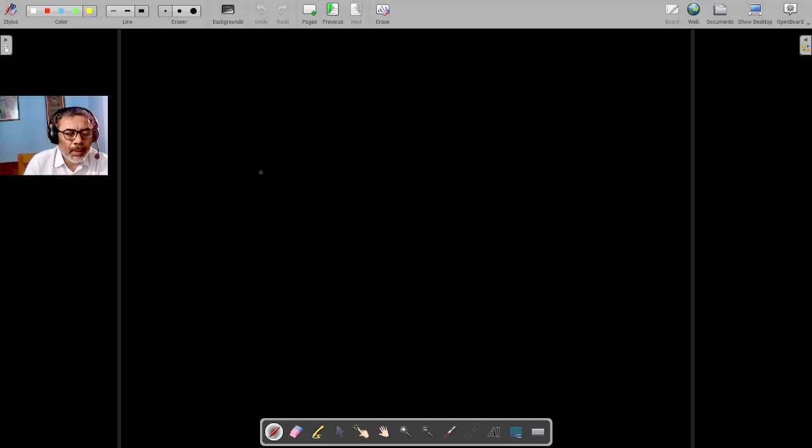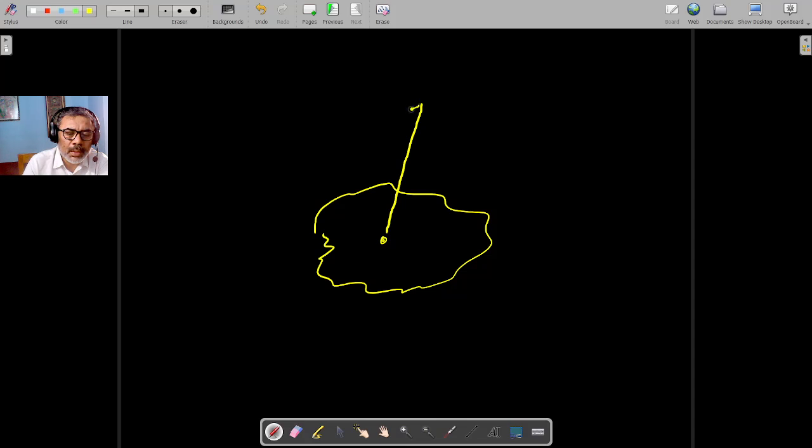Before we go to the parallel axis theorem, let us draw a picture of a three-dimensional mass distribution, and there is an origin O, and the axis is passing through this origin.